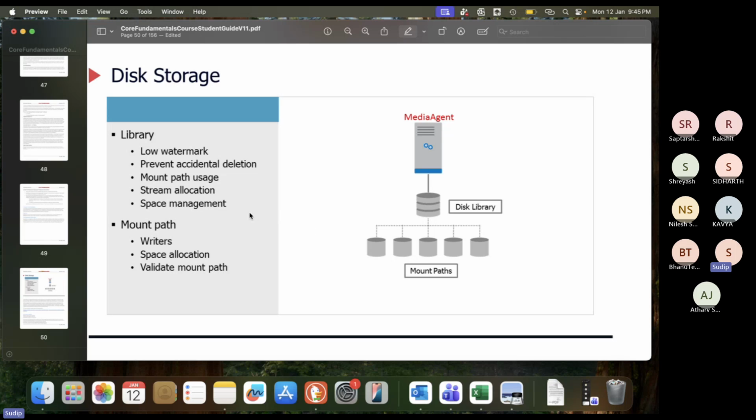Okay. Then stream allocation. By default, only a few streams, like 4 or 8 streams of backup data, are written from the media agent to any storage. By default, only four. In some configurations, only one stream will be written.